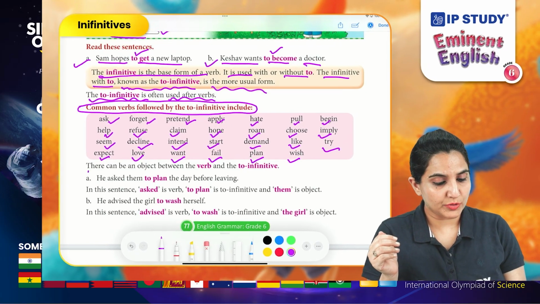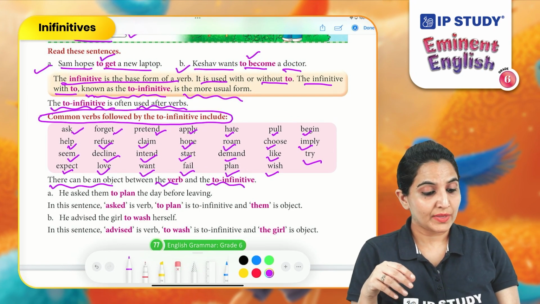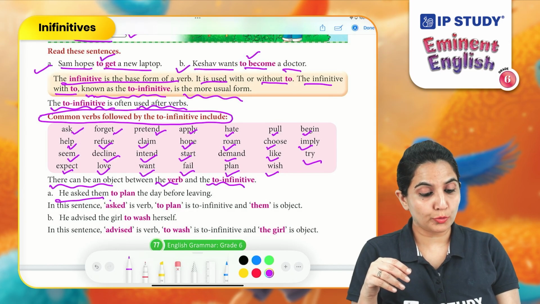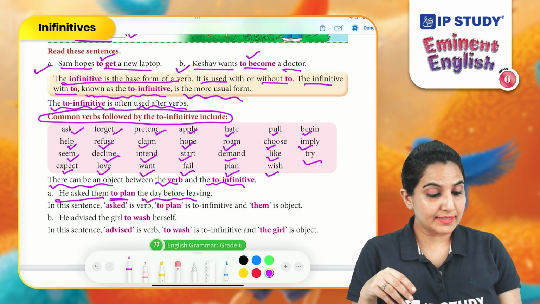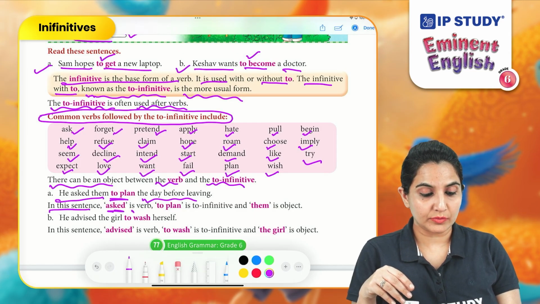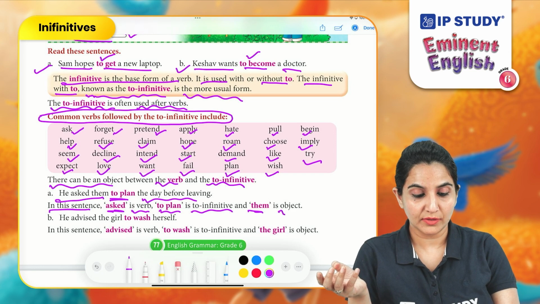There can be an object between the verb and the to-infinitive. For example, he asked them to plan the day before leaving. In this sentence, asked is the verb, to plan is the to-infinitive, and them is the object.